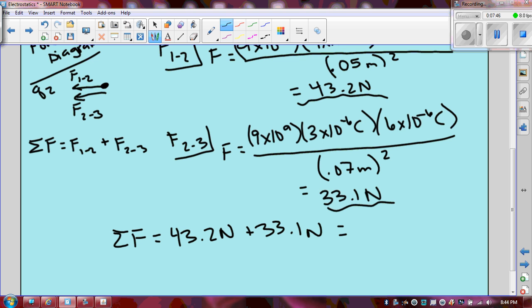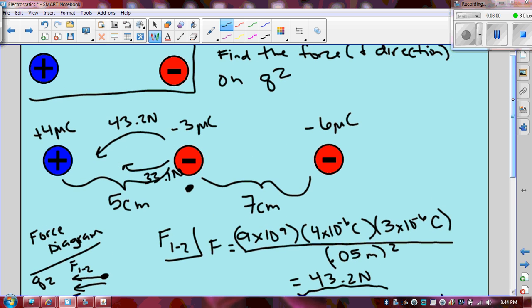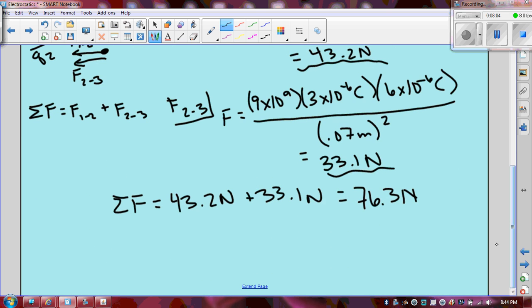And so that gives us a total net force acting on charge 2 of 76.3 newtons. Finally, for the direction, it's not enough to say attractive or repulsive because now there's 3 charges. So when you have multiple charges, you need to specify the specific direction. And so what direction would it go? Well, they were both facing to the left, and so clearly it must be going to the left.